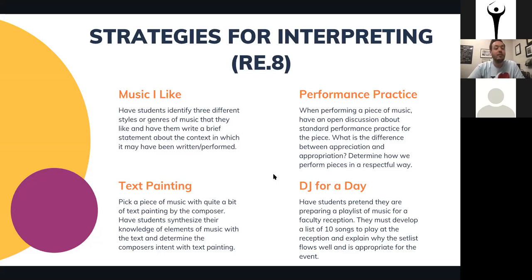What is the difference between appreciation and appropriation? Determine how we perform pieces in a respectful way. So this is essential when we are learning music from different cultures, when we're learning music outside the scope of our comfortable Western European tradition.